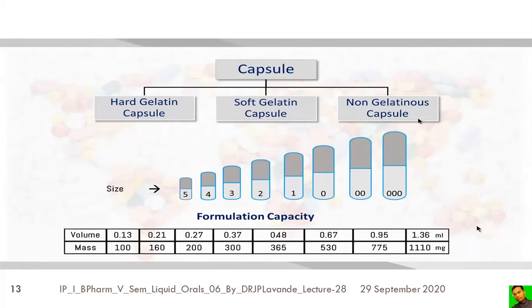The smallest capacity size, size 5, accommodates a volume of 0.13 ml and a mass of 100 milligram. Whereas the largest size, 000, can accommodate 1110 milligram, which is more than 1 gram of material, and the volume will be 1.36 ml.